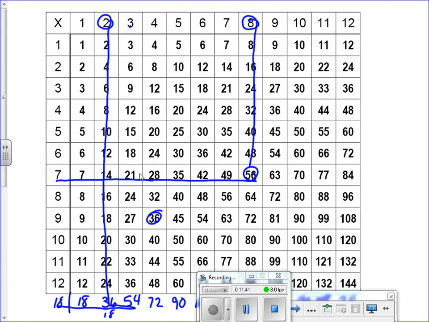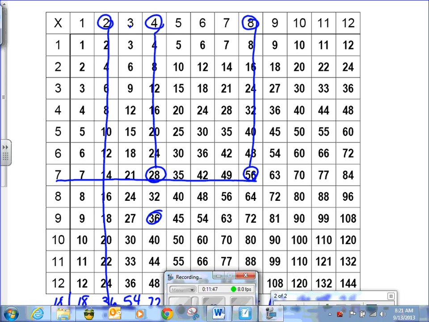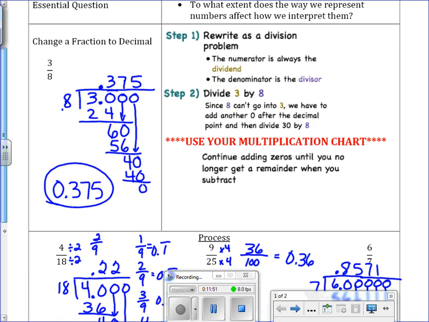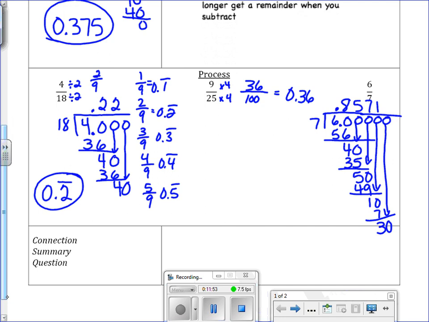Going on over, here's my 28. 7 goes into 30 4 times. So I have my 4. 4 times 7, that's going to be 28. And 30 minus 28 is 2.